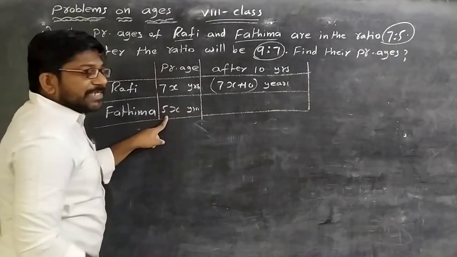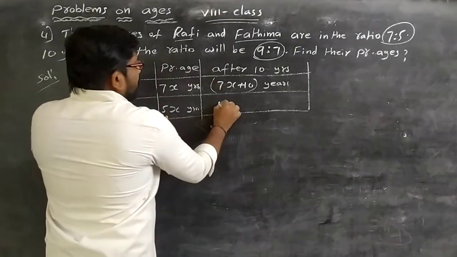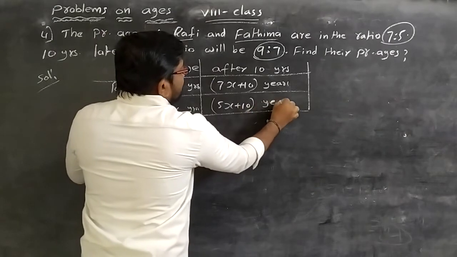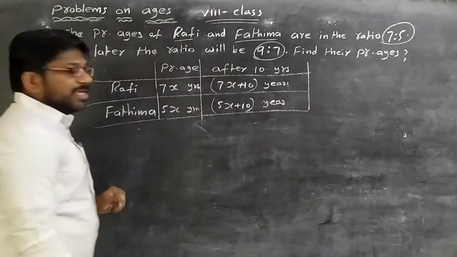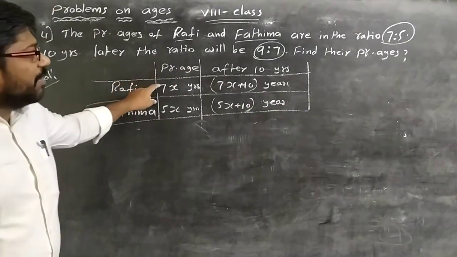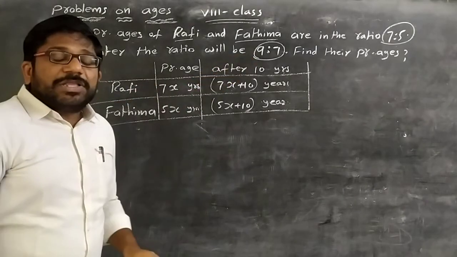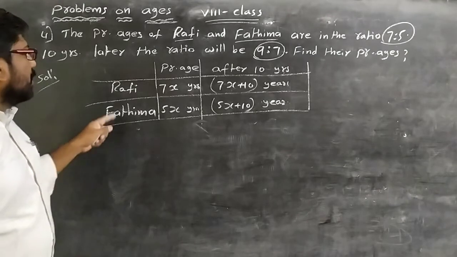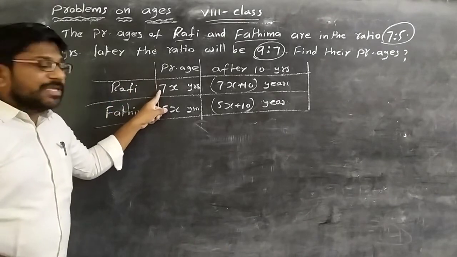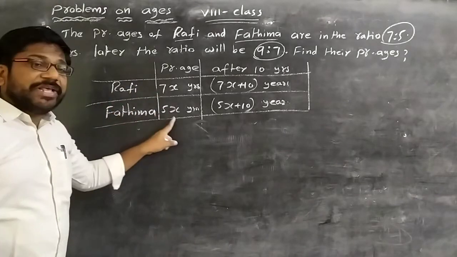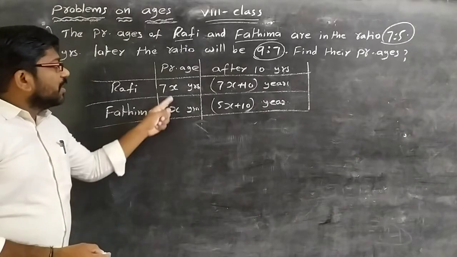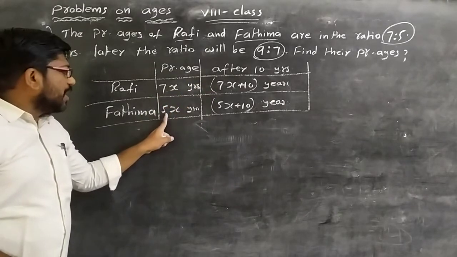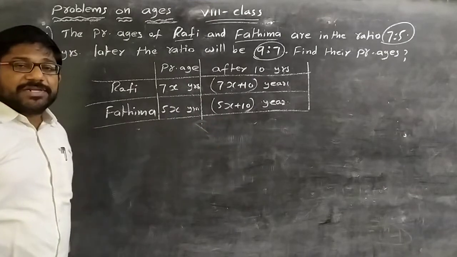And after 10 years, Fatima's age is 5x plus 10 years. So 7:5 is the ratio of the present ages of Rafi and Fatima. Then Rafi's present age is 7x and Fatima's is 5x. After 10 years, Rafi is 7x plus 10 and Fatima is 5x plus 10.